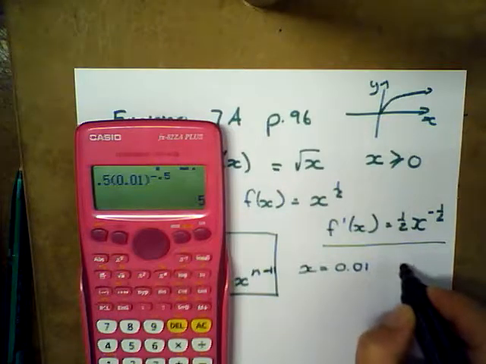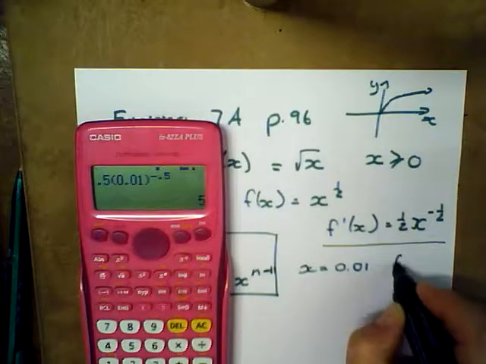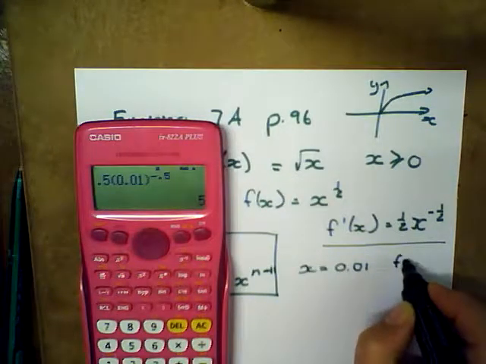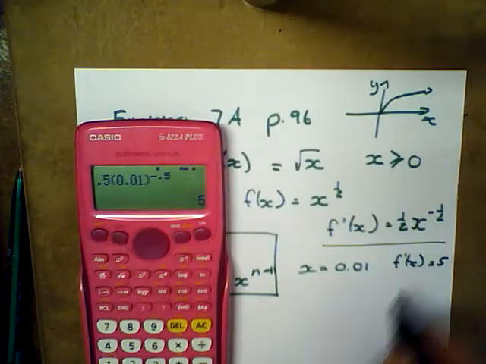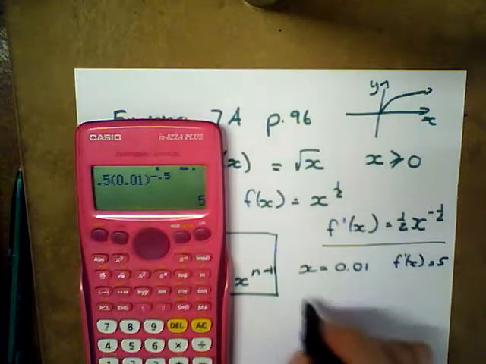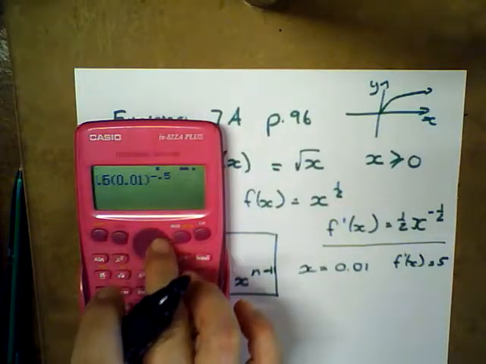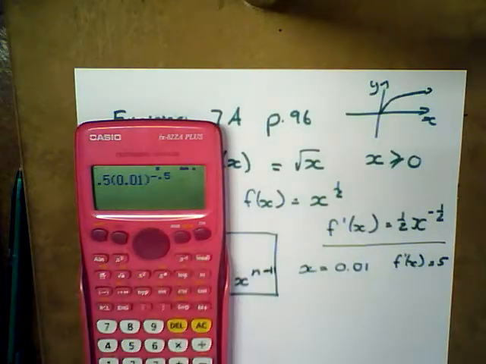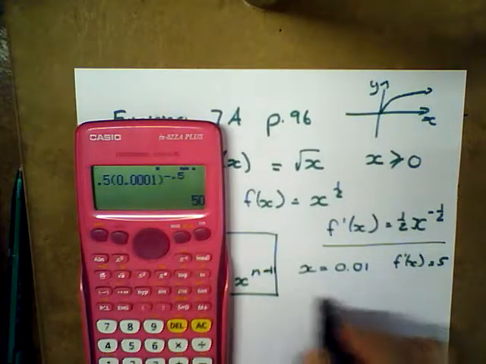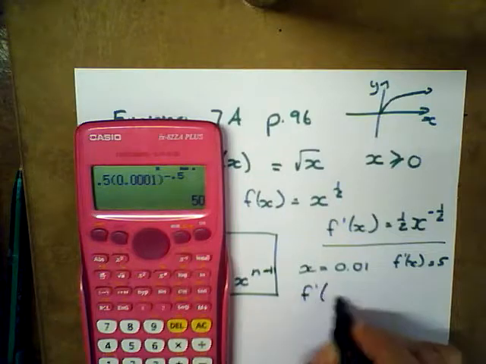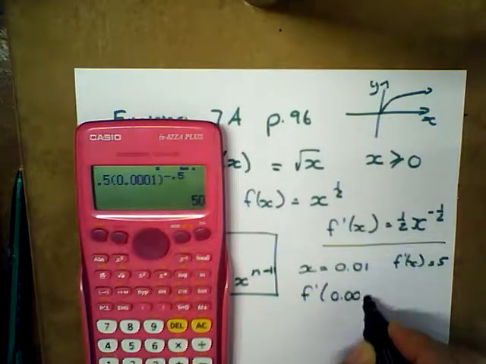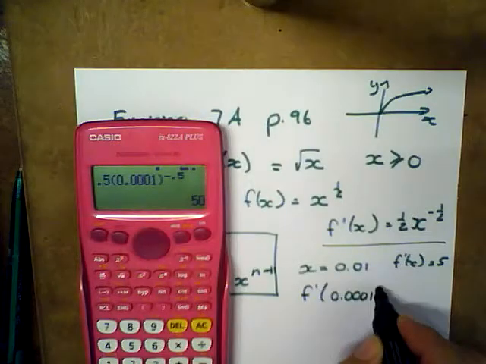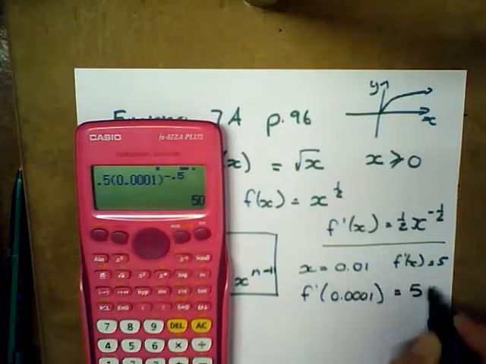So when x is 0.01, my f prime of x, or my y value, would be 5. Let's take a look at some smaller number, 0.0001, which would result in 50.